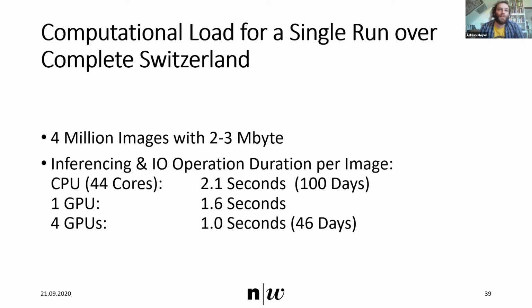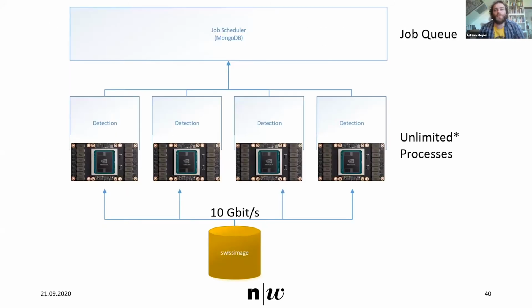And you can decrease this already if you parallelize the GPU usage with it, because inferencing is faster, but it's still continuous running for 1.5 months to do this on 4 GPUs. So our setup here was a job scheduler that actually uses a NoSQL or MongoDB database, and then we basically cram the GPUs full with processes for detections.